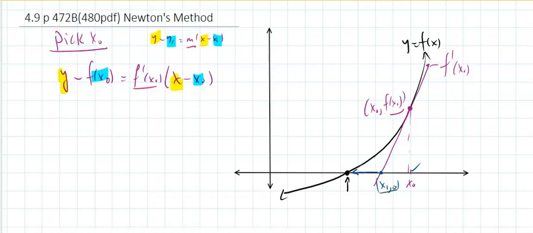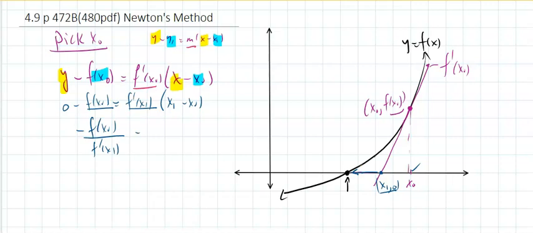So if I substitute 0 for y in this equation, and that happens when x equals x sub 1, and I solve for x sub 1, what would happen? I divide both sides by f prime of x sub 0, and x sub 1 would simply be x sub 0 minus f of x sub 0 divided by f prime of x sub 0.